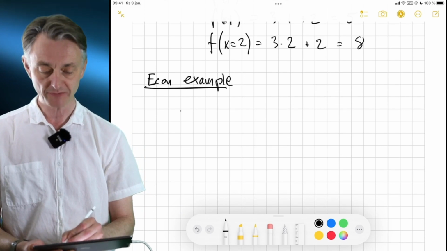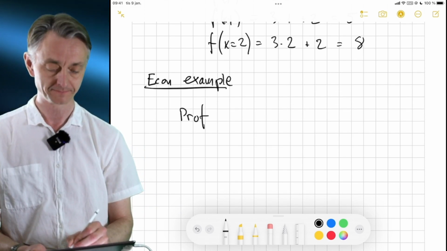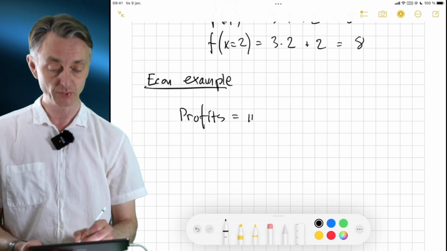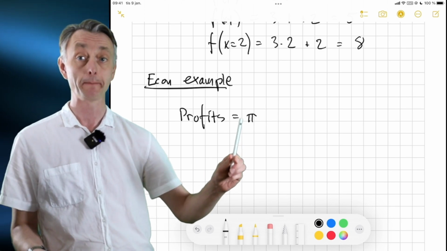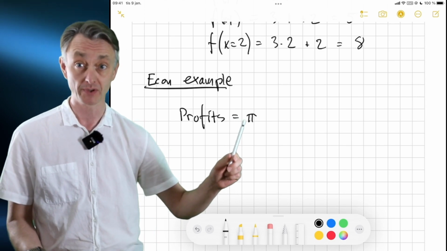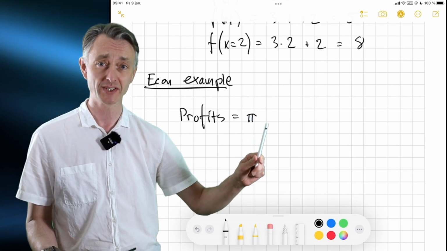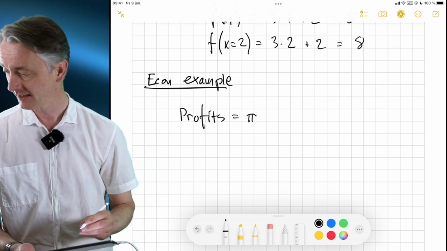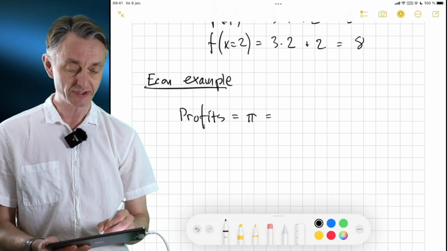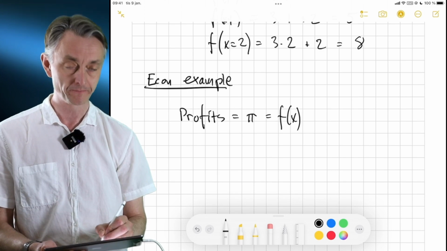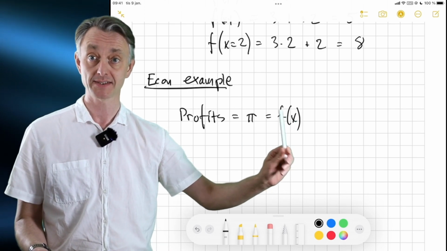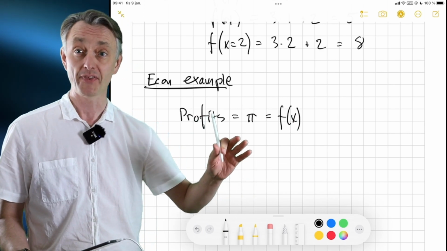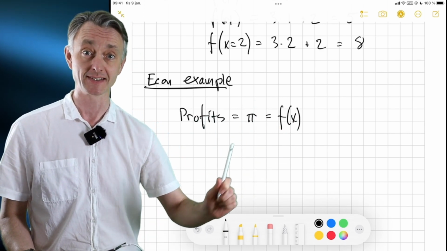So we say that profits, and we usually denote that by pi, not 3.14, etc. But usually we use this symbol to say, okay, profits, okay, that's pi. And that is equal to a function, and x, let's assume that is the output of this firm, how many things this firm produces and sells.